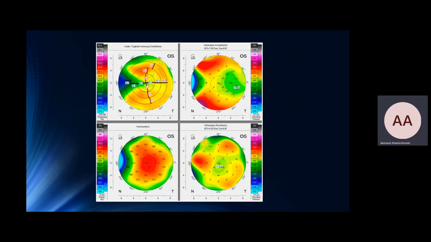Now this last topography. Who can take it? Right. So yes, surgically we see more steepening in the superior than the inferior.